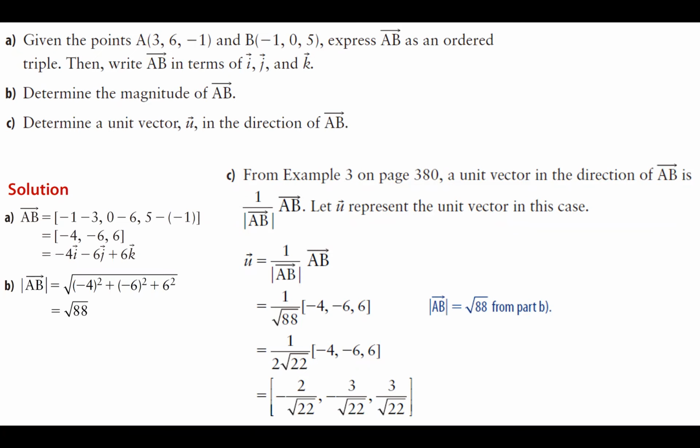And the magnitude of vector AB is given by the square root of the x component squared plus the y component squared plus the z component squared, which is the square root of 88.